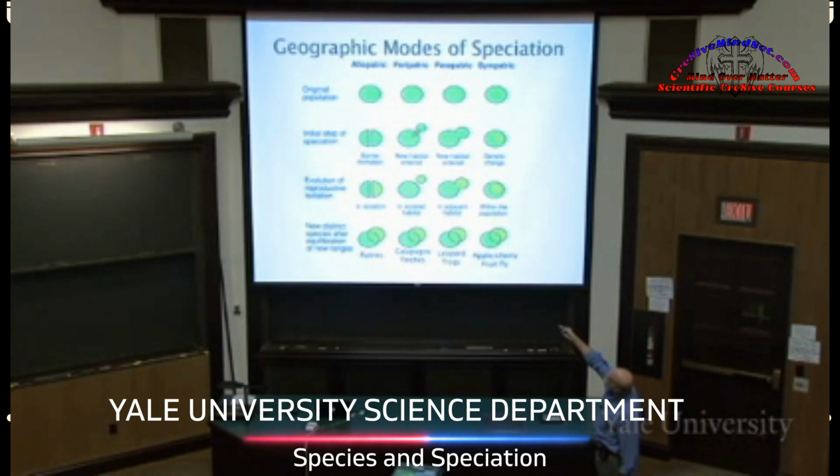Now, parapatric speciation means right next door. So some individuals of a population get up and move, and they just go right next door. This is thought to have been how the Galapagos finches might have speciated on a single island. So some of them might have simply gone up the mountain while others stayed down on the coast. That would be parapatric speciation.